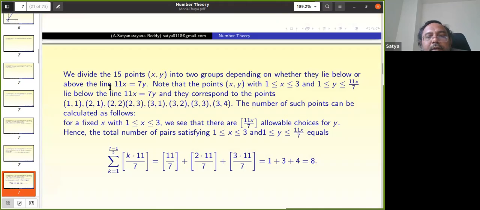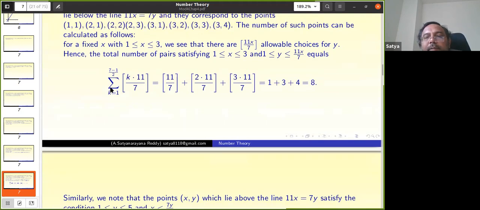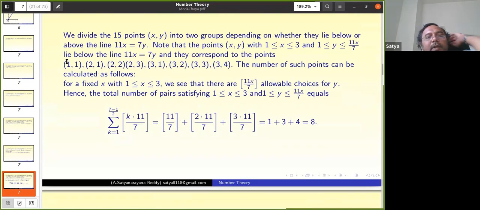So the total number of points is the sum for k equal to 1 to (7-1)/2 of floor(k times 11/7): 11/7, 2 times 11/7, 3 times 11/7. Total 8 points below the line. Is it okay? 11 points are below the line: 1, 2, 3, 4, 5, 6, 7, 8. Any doubts here?